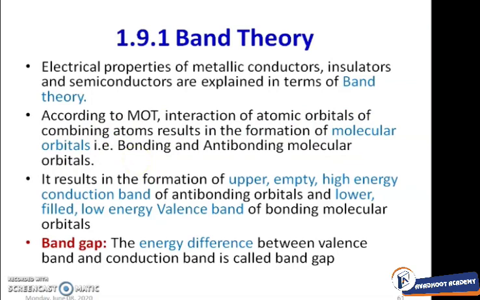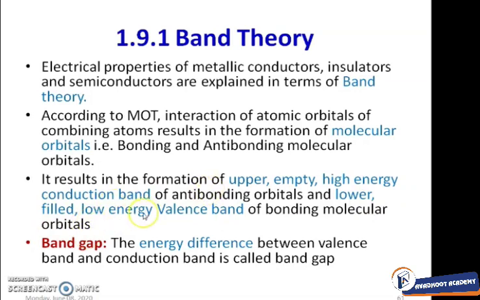Actually, at the time of formation, there will be half the number of bonding molecular orbitals, whose energy will be less, and half the number of anti-bonding molecular orbitals, whose energy will be higher. It results in the formation of an upper empty high energy conduction band of anti-bonding orbitals and a lower filled low energy valence band of bonding molecular orbitals.